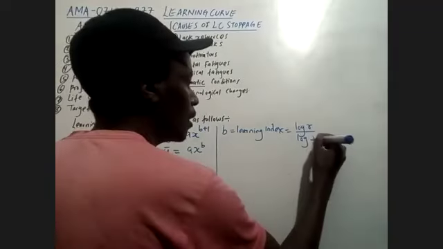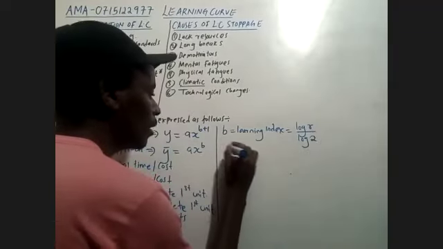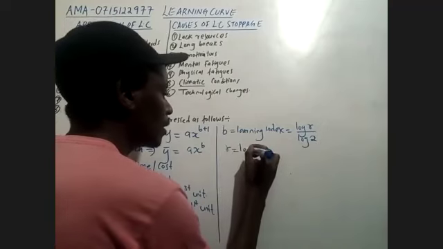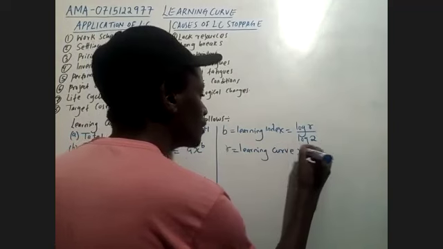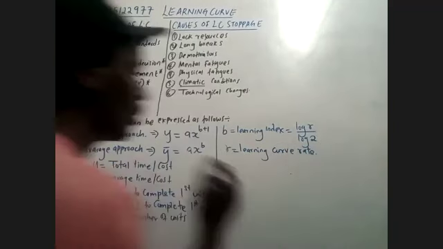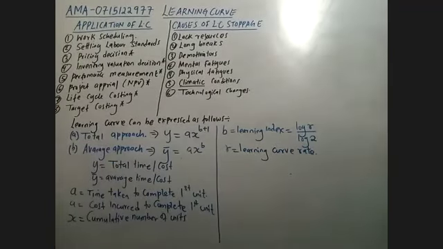Remember R is the learning curve rate. So in most of the exams unakuwa umepatiwa learning curve rates. I think those are the formulas that you can find in examination.